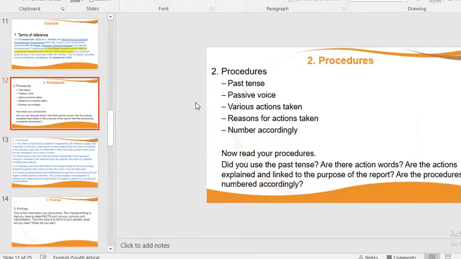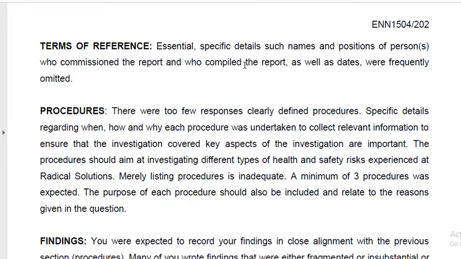Let's go there on our previous memo. Okay, there were too few responses, clearly defined procedures, specific details regarding when, how, and why each procedure was undertaken to collect the relevant information to ensure that the investigation covered key aspects of the investigation are important. The procedures should aim at investigating different types of health and safety risks experienced at Radical Solutions.